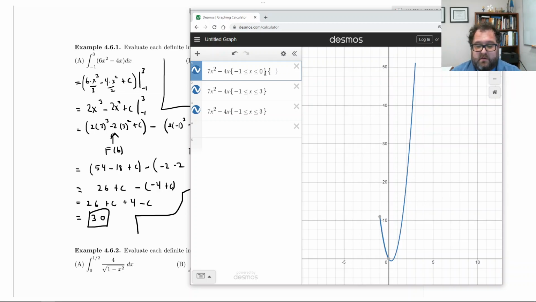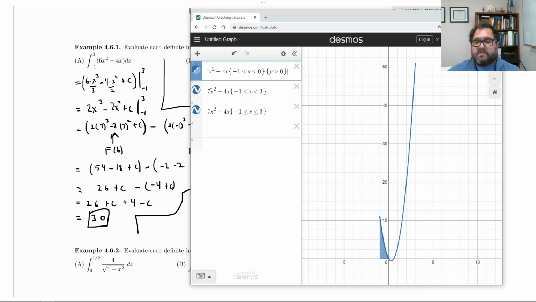This is going to be y is greater than or equal to 0. Okay, so there's that first region.